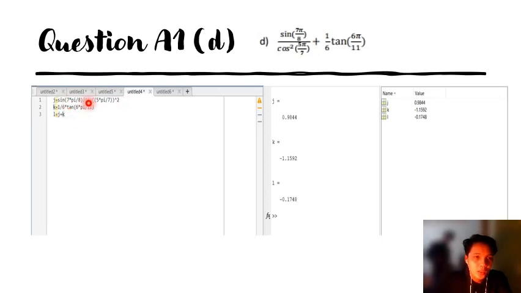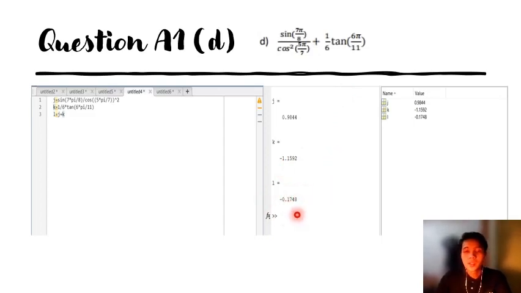And as usual, I divide it into two parts again, where the left part is j and the right part is k. For j I got the value 0.949844, and for k I got negative 1.1592, and when I added these two I got negative 0.1748.